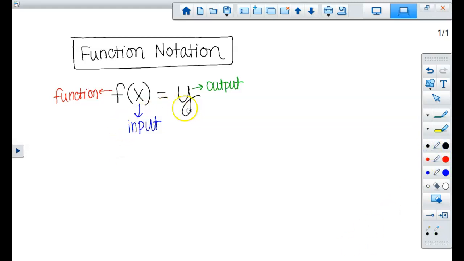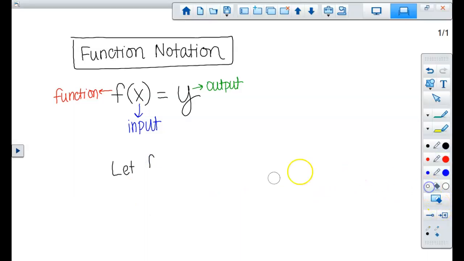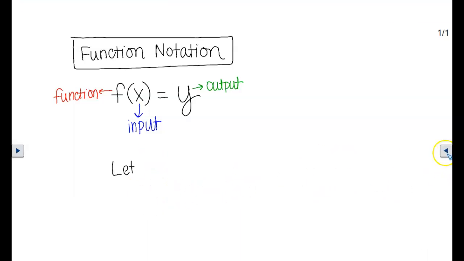And because these two things are equal, f of x and y, one can replace the other. So if I let y equal 4x plus 3 be my function rule, my function equation, I can rewrite that by replacing this y with what it's equal to, which is f of x.